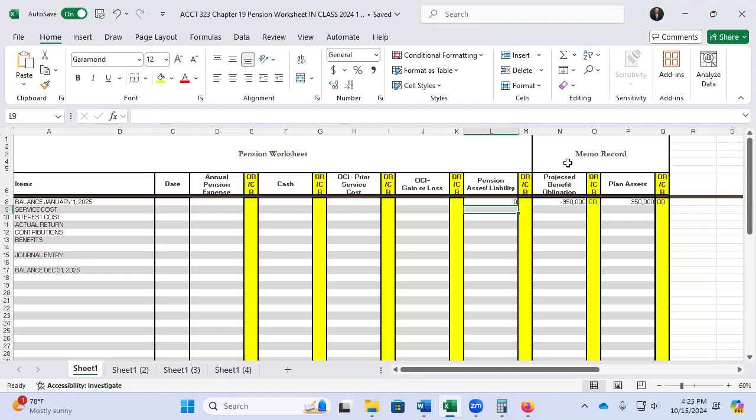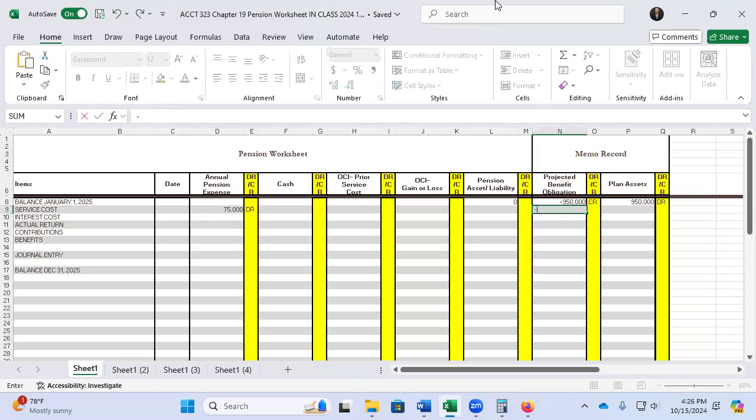Okay, let's look at the service cost. The service cost says it's 75,000. And that's a debit, and we know that that increases our pension benefit obligation, or projected benefit obligation, so that's a credit.